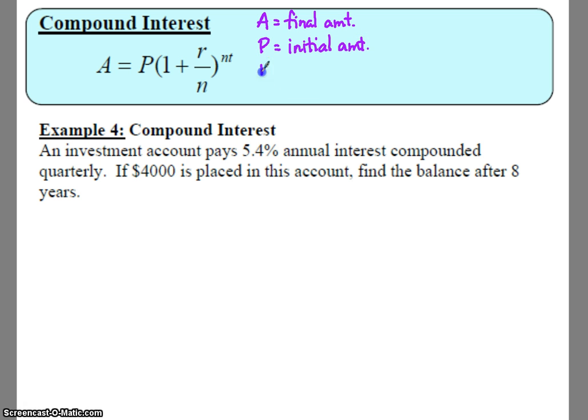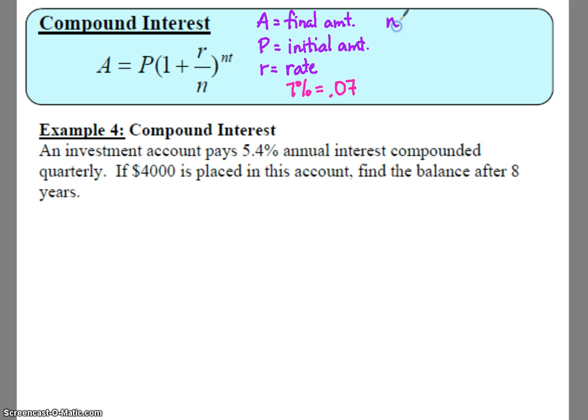R is your rate, and whenever you talk about a rate, say we have a 7%, well then 7% is going to have to be written as a decimal, as a 0.07. So anytime you talk about a rate, make sure you write it as a decimal and move it over twice.